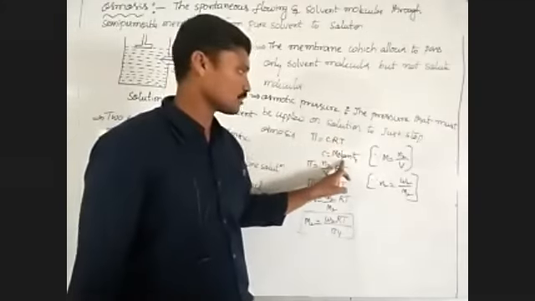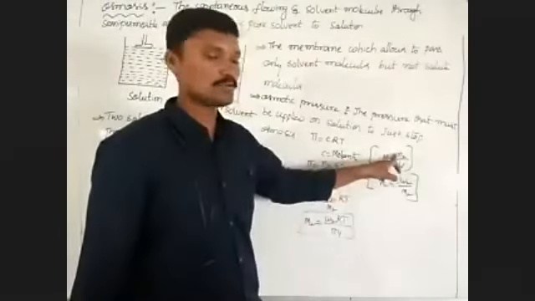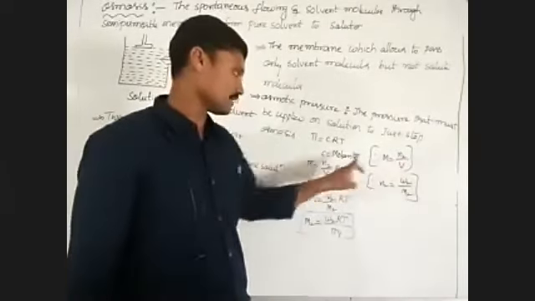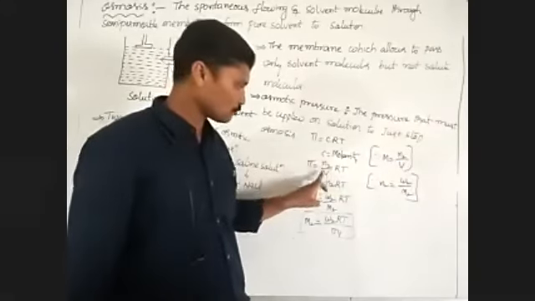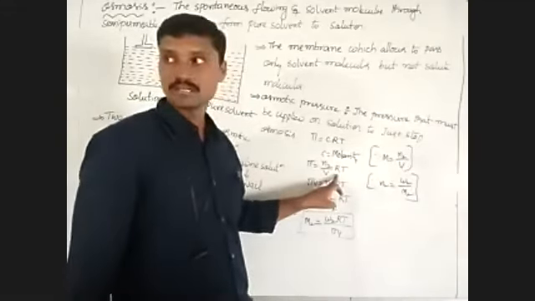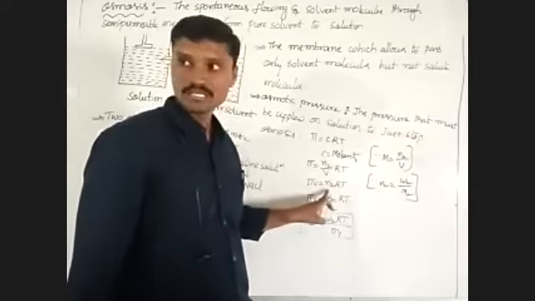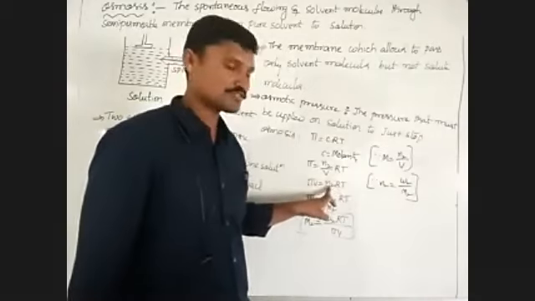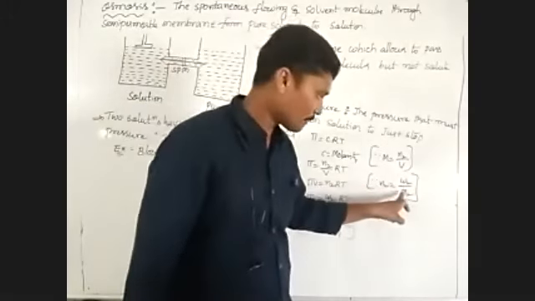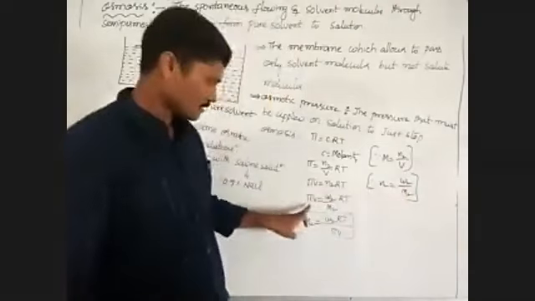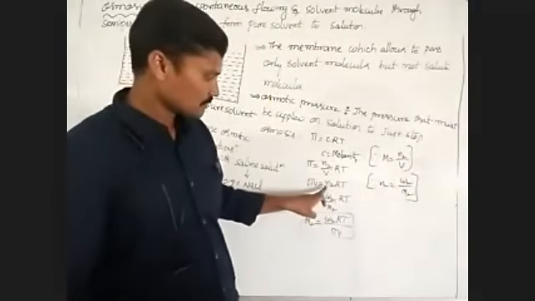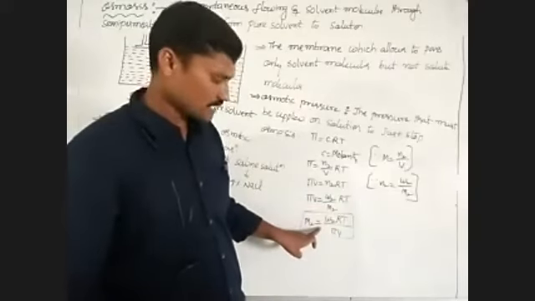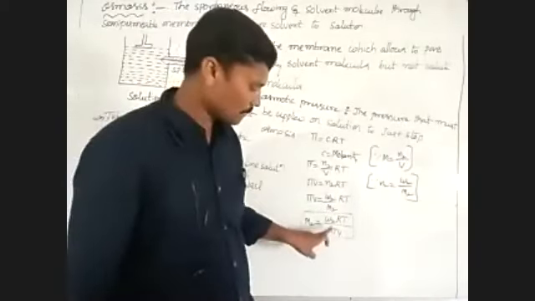Here C means molarity, the number of moles of solute by volume of solution. M is equal to n2 by V. Then phi is equal to n2 by V RT, phi V is equal to n2 RT. Here n2 means number of moles of solute, that is weight by molecular weight of solute. Then phi V is equal to W2 by M2 RT, so M2 is equal to W2 RT by phi V.